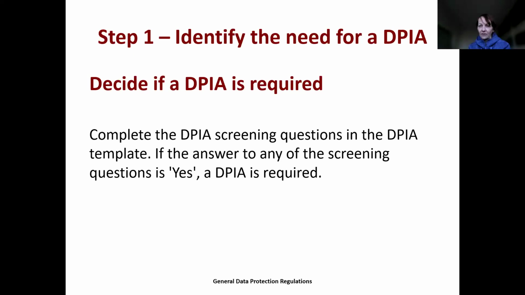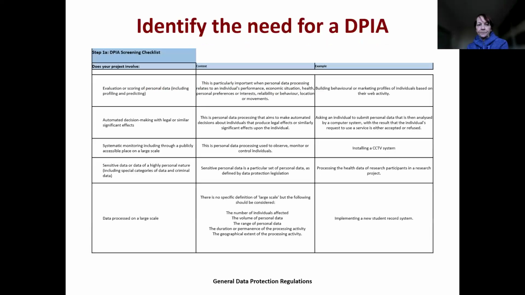Some people think that just because they don't keep a record of it or hold it, it doesn't count, but even if you're accessing personal data, that constitutes using personal data or processing it. And then we have the screening questions. So I suppose the first one there, and what I've done is there's a bit more information on them and an example.